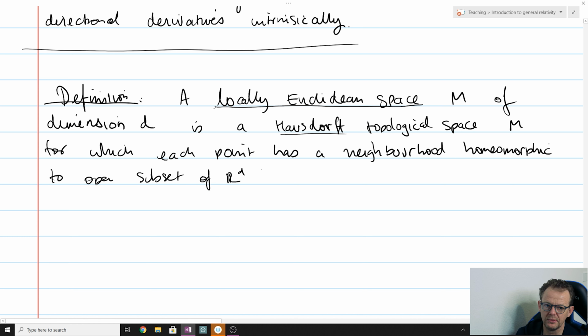Okay. So in building up the fully rigorous mathematical definition of a smooth manifold, or a manifold of class CK, we need to have this underlying structure of a locally Euclidean space first.